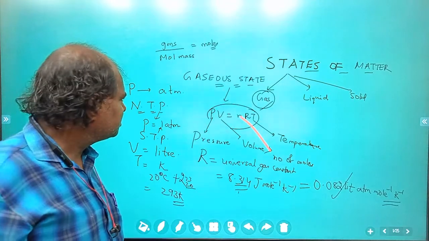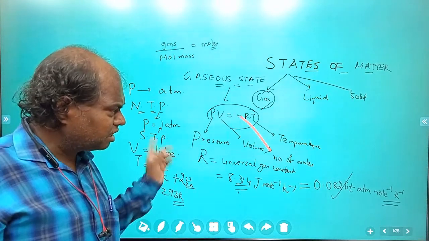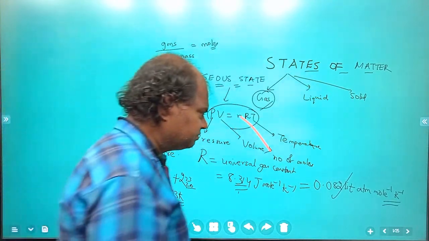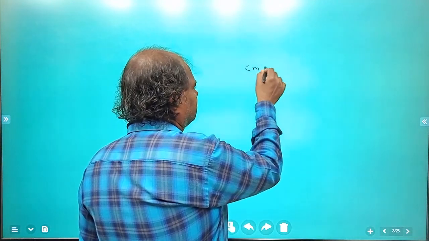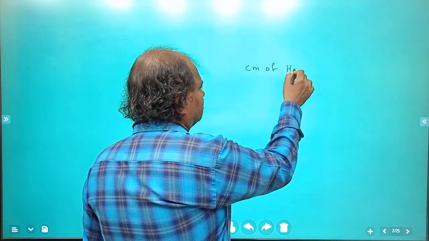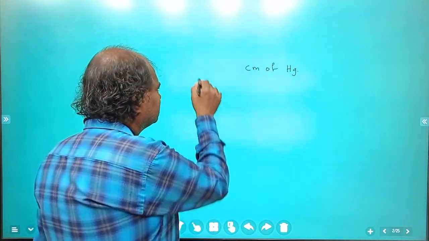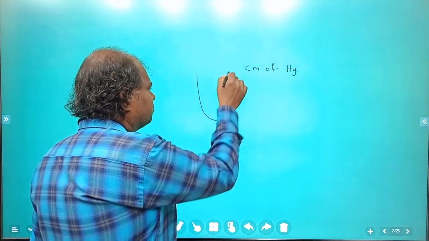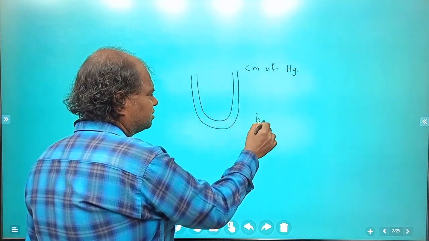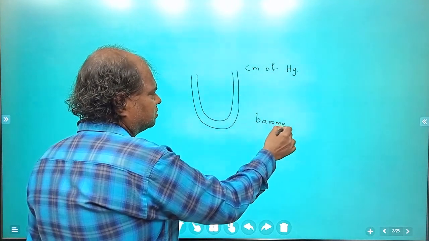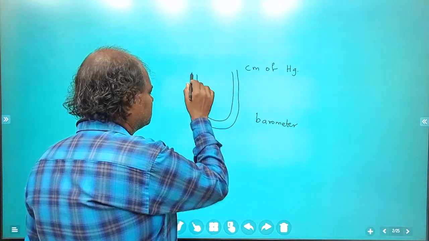But there are some small things here. Suppose they don't give pressure in atmosphere. Student, be very careful. Sometimes they'll give you pressure in terms of centimeter of mercury. Now students, how is pressure measured? I don't know how many of you know this. Pressure is measured using an instrument called a barometer.